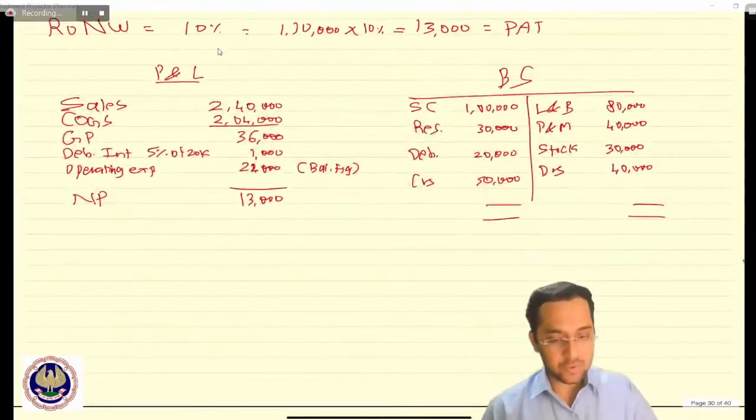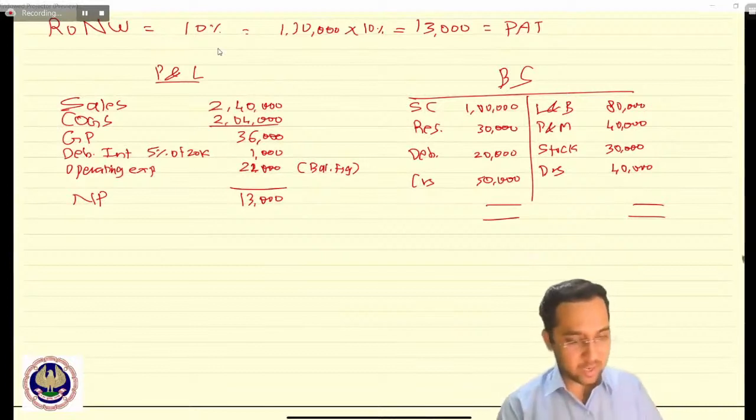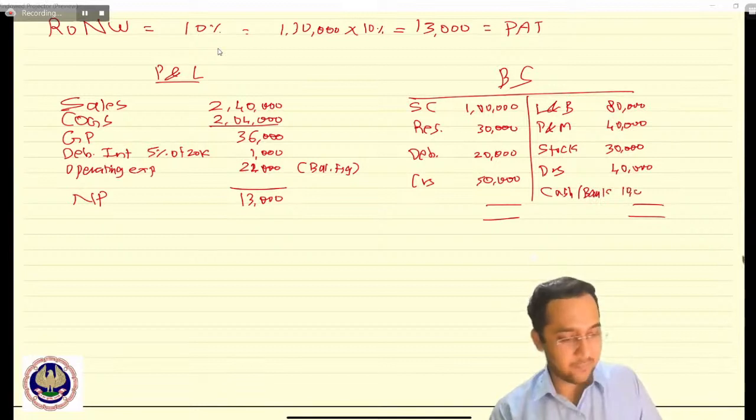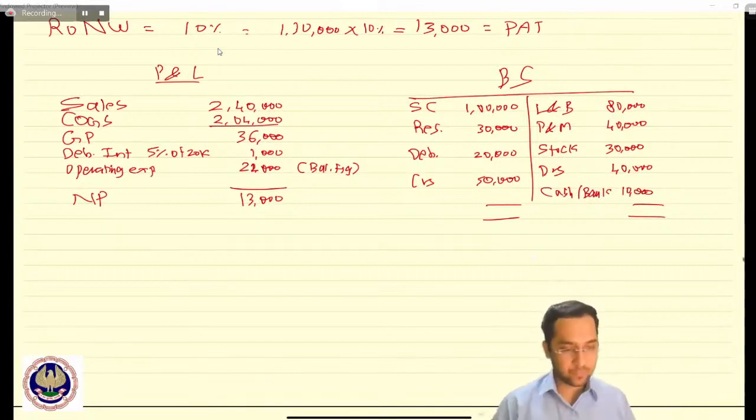So now if you see, it won't be getting tallied because it's like 80, 80, and this 80, 80, 160, and 30, 190. Whereas in this side it is 20. So whatever is the balancing figure, that is what we can say safely as 10,000.